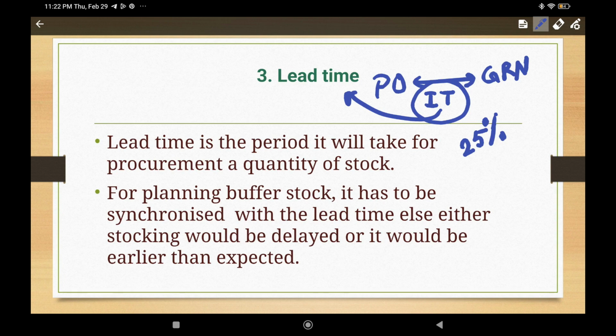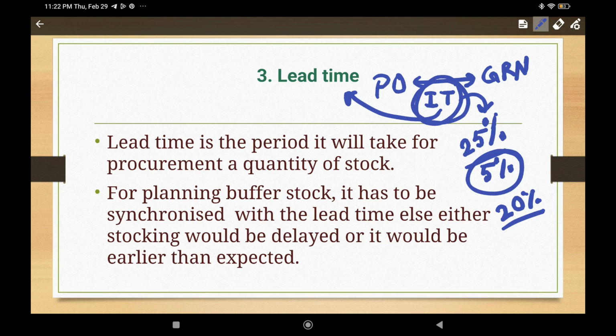Now in this intermittent time, if this 25% buffer stock is completely finished and again 5% scarcity occurred, then the lead time calculation is wrong. So the lead time calculation should be in such a manner that within 20% of the buffer stock finishing, the stock will be refilled. Then only is the lead time calculation perfect.